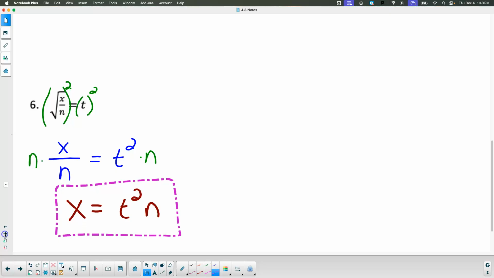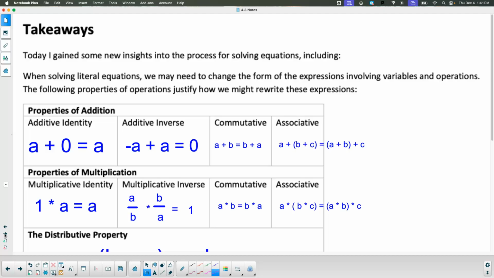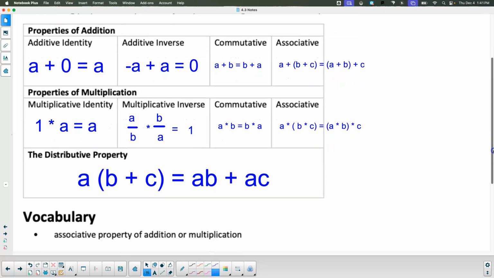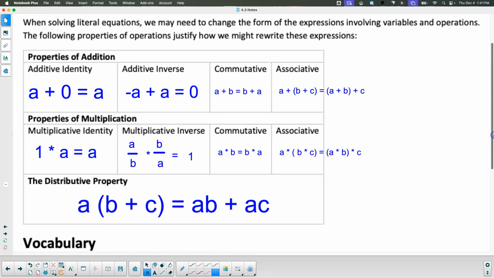On the next page, we got some filling in the stuff to do. Now, truth be told, I will flat out tell you this right now. It's not so much that you're never going to use it. You're going to use this stuff a lot, okay?